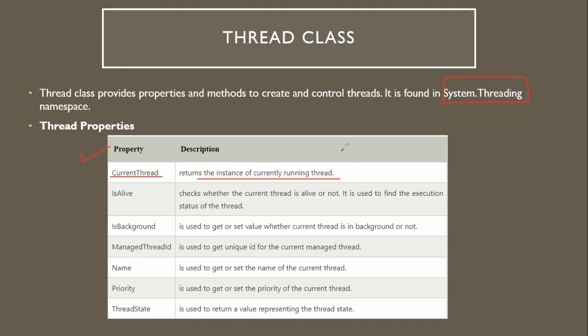If there are multiple threads, what does it return when you call CurrentThread? Does it return all of them? It returns the thread which is running currently. Say you have 5 threads running. These threads will run one at a time.